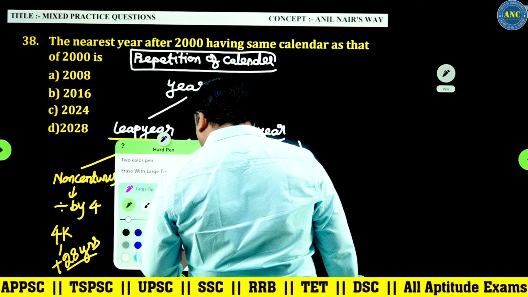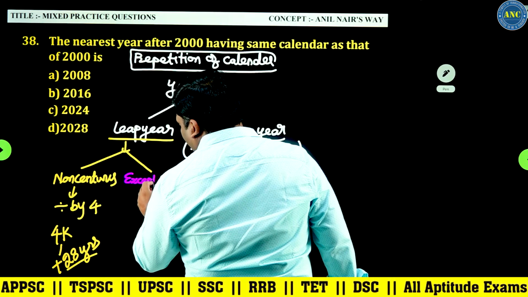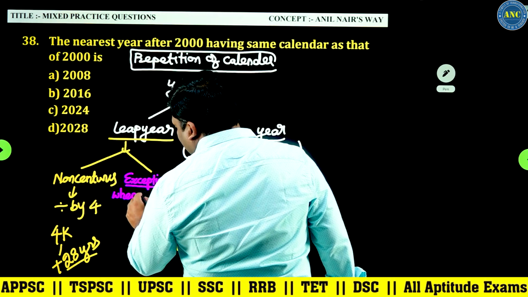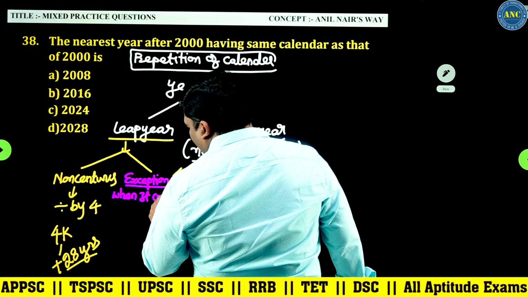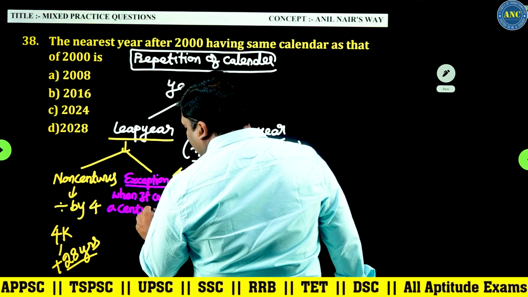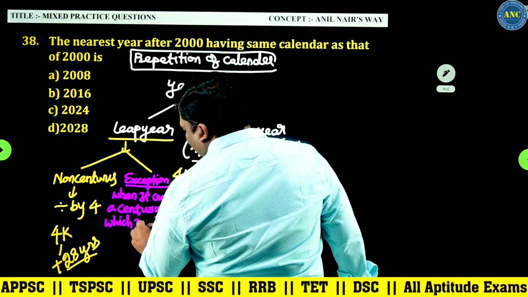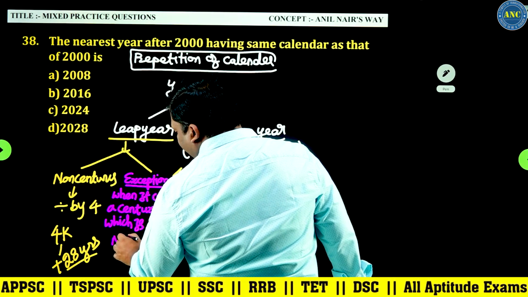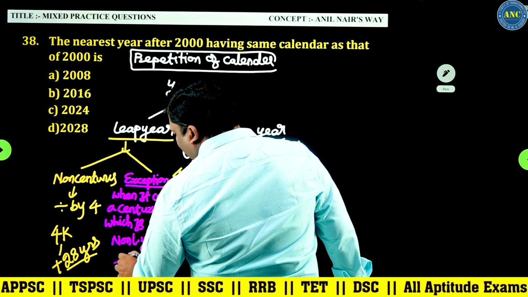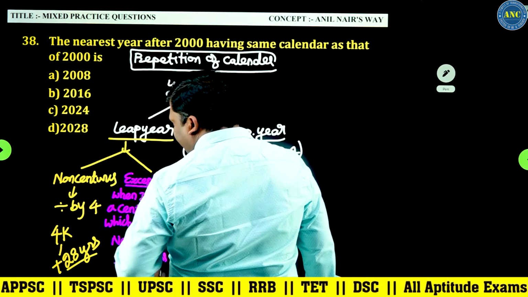There is one exception. What is that exception? When it crosses a century which is a non-leap year, then it will be plus 12 years.